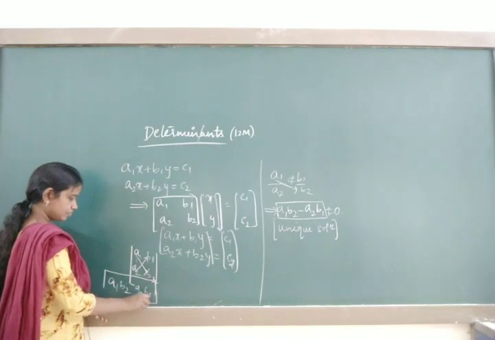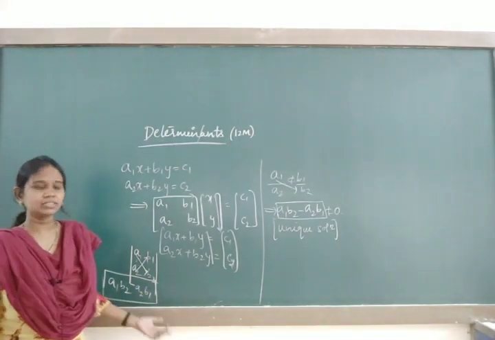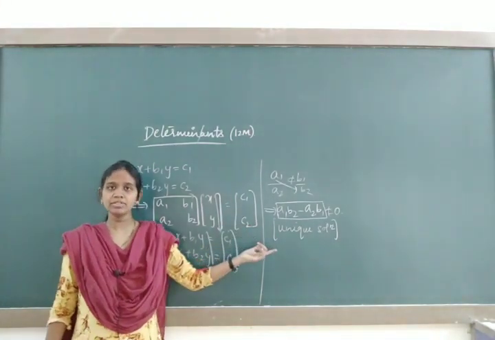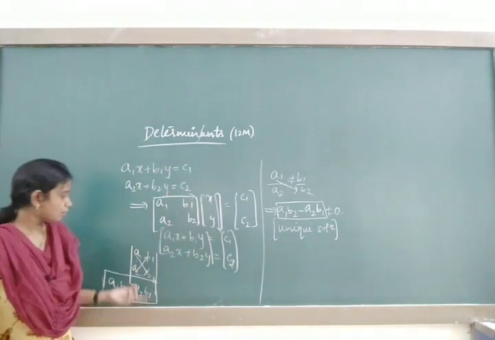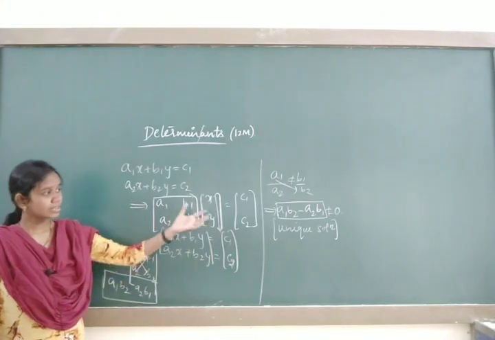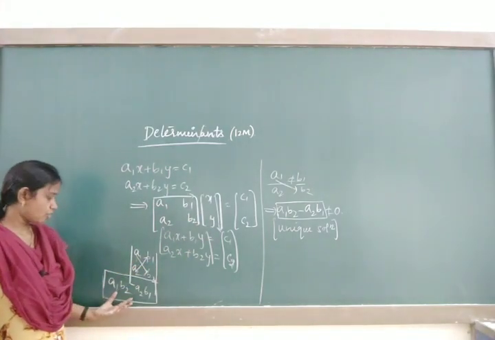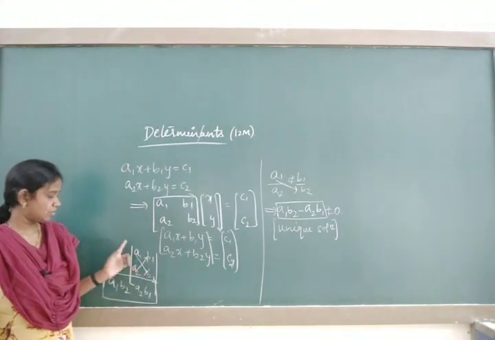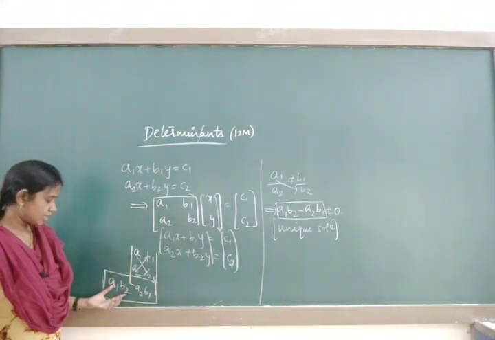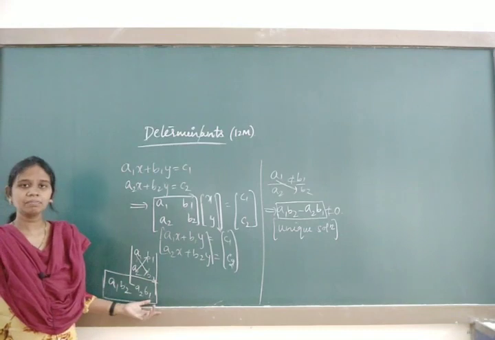This is the number we already discussed in linear equations in two variables in our 10th or 9th standard. But in determinants, we write that same number in this manner: inside the bar a1 b1 a2 b2, primary diagonal multiplication minus secondary diagonal multiplication.